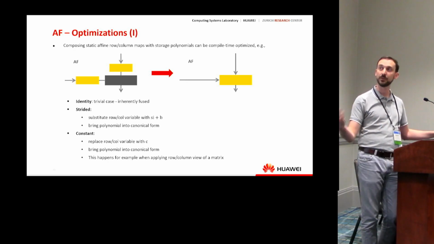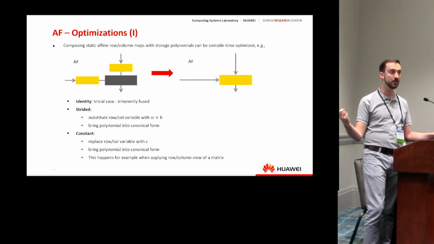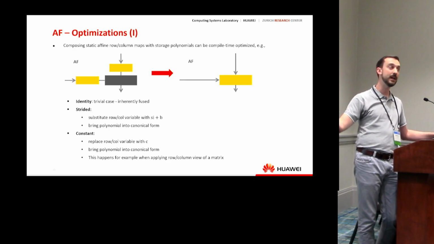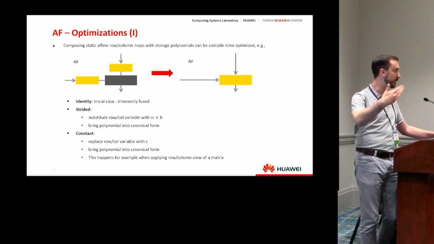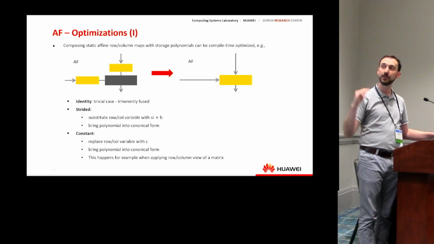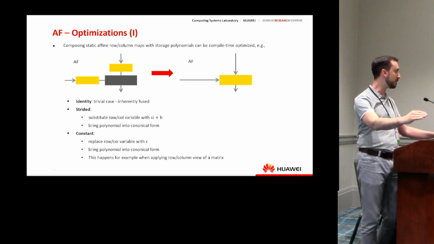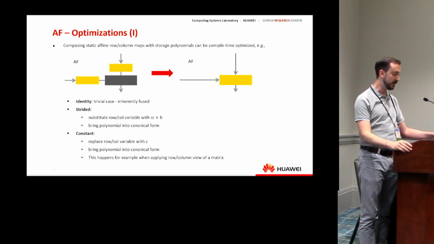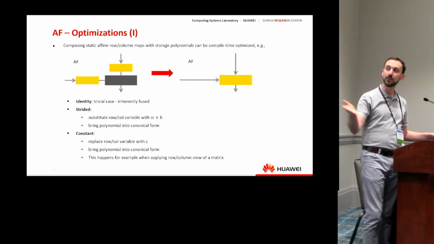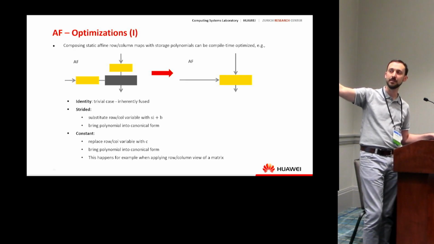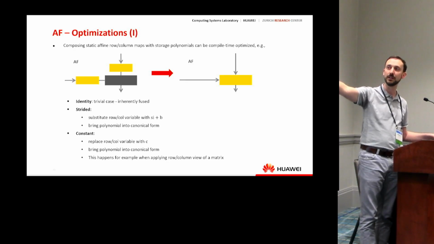So one form of optimization is the composition of these concepts. The storage polynomial might, at this point, incorporate the whole logic of the row and column maps combined with the storage polynomial information and create a unique map, without having to compose these things at runtime. Here, in the strided case, I'm not putting any math, I'm just putting a recipe as bullet points.